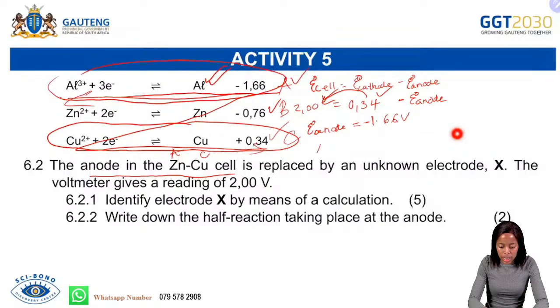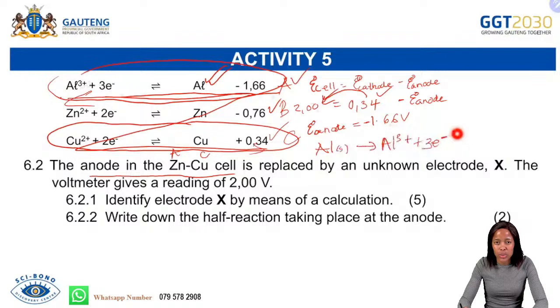With the Z, we are going to start with aluminium solid, and then on the left-hand side, what is it that we have? Al3+ plus 3 electrons. So that will represent the half reaction that is taking place at the anode. Why?